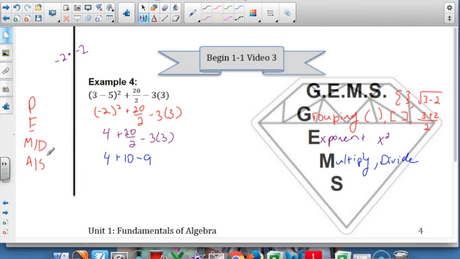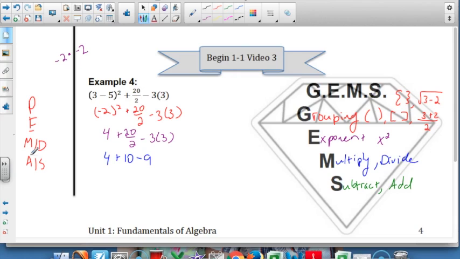All right, and then our last thing, if we're using PEMDAS, is addition and subtraction. Here I have an S, and that S is going to stand for subtract and add. I like the fact that we use an S here instead of the A because that reminds you that you don't have to do all the addition first and then all the subtraction.